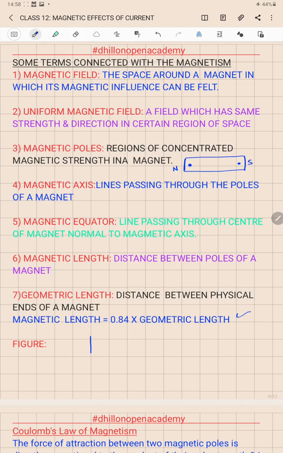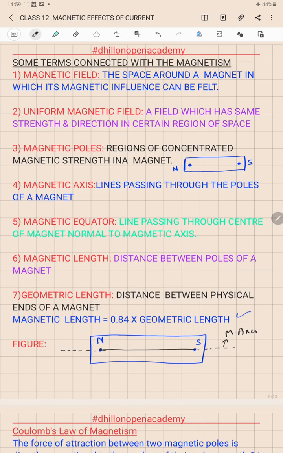So if we draw a bar magnet like this, this will be the magnetic, say, north pole, this is the magnetic south pole. So a line which is passed along the length of the magnet, which connects the two poles, we call that the magnetic axis.